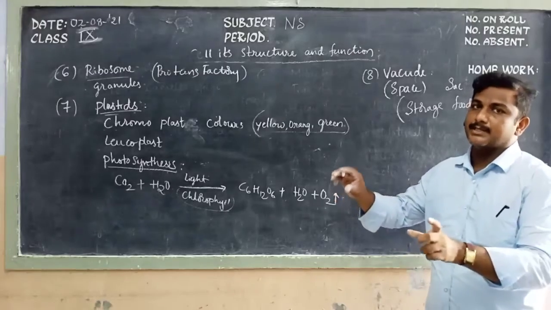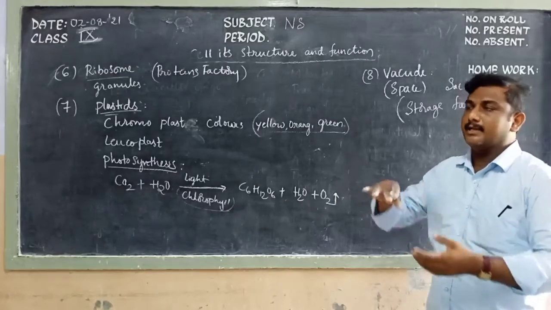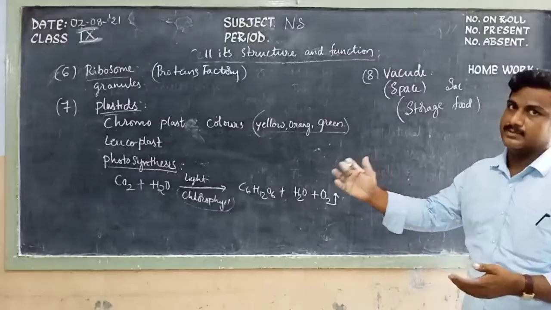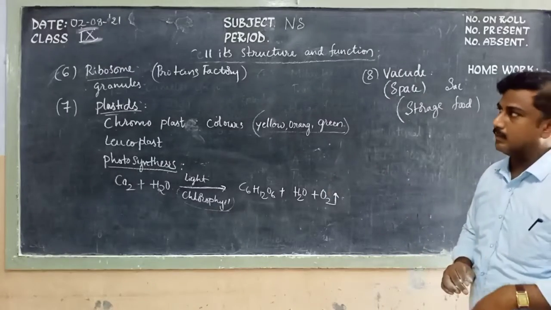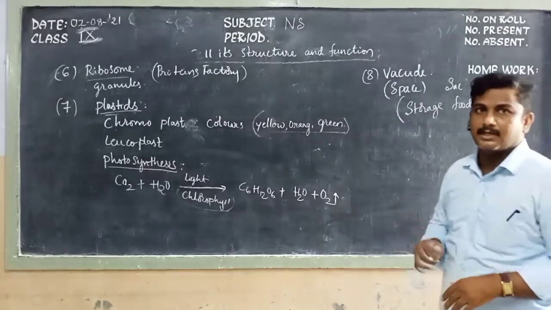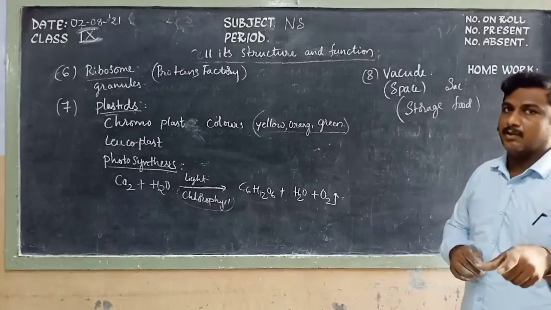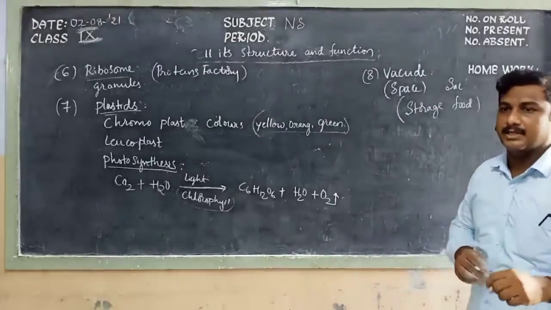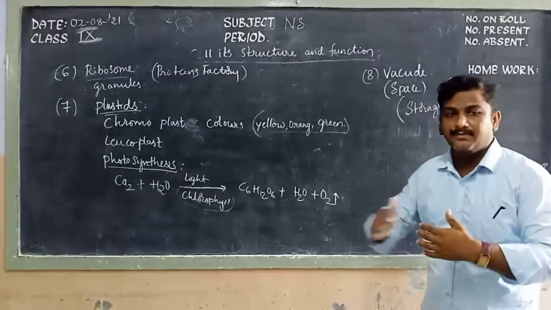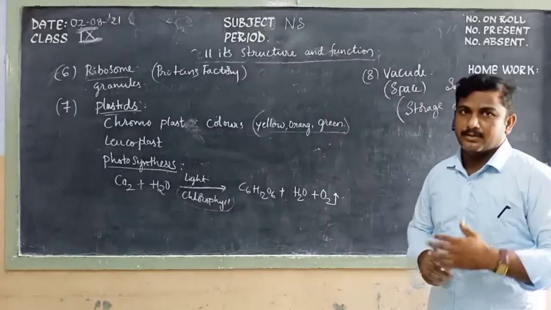This Golgi apparatus stores the material and sends it to different cell organs. Next, we observed different cell organs and their functions. Each and every cell organ has its own functions, and we have given different names to them.